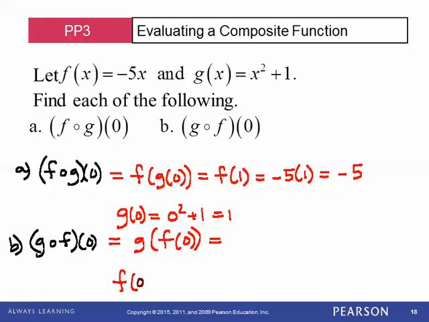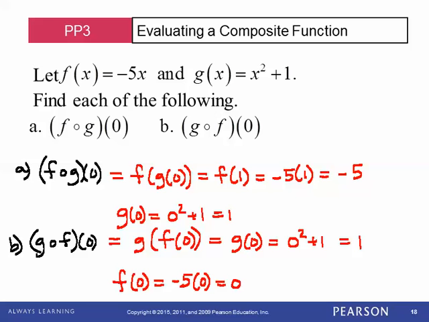If I did that, I would multiply 0 and a negative 5, and I still get a 0. That's interesting. This one didn't actually change at all. So the output for 0 is still 0. Okay, so 0 goes in for g, and 0 squared plus 1 leaves me with a 1. That's kind of weird. So reversing the order actually doesn't give me the same thing.